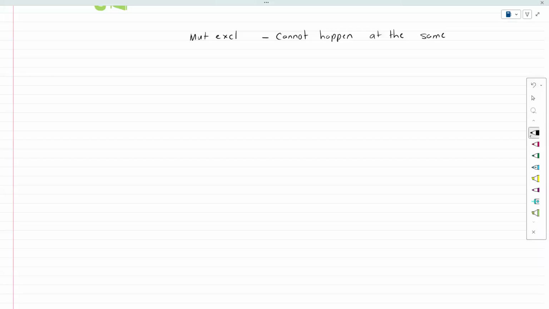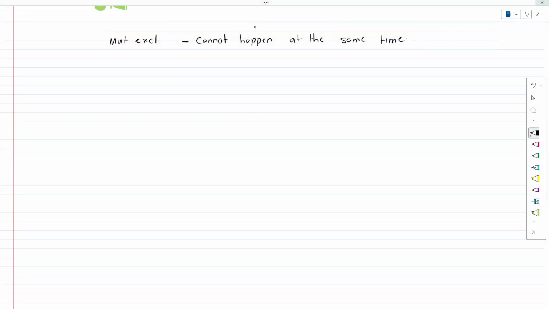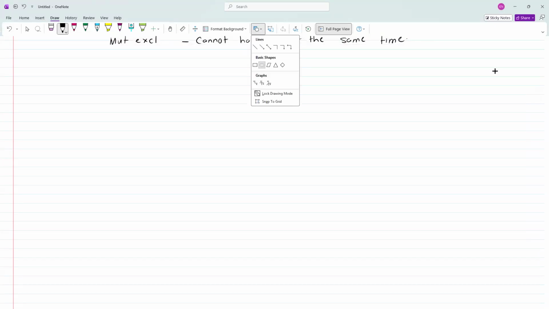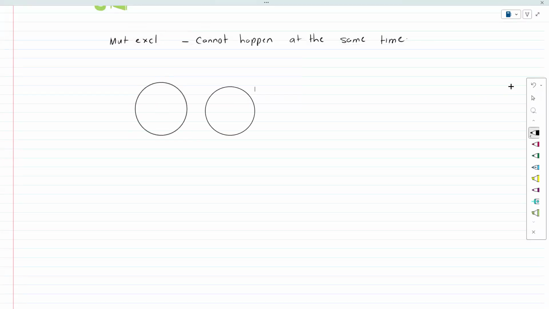If it cannot happen at the same time, the circles will look a little bit different. The circles that we get when things don't happen at the same time look like this: the circles will never touch. So for now, it's just the theory that you need to learn. Let's talk about left and right.